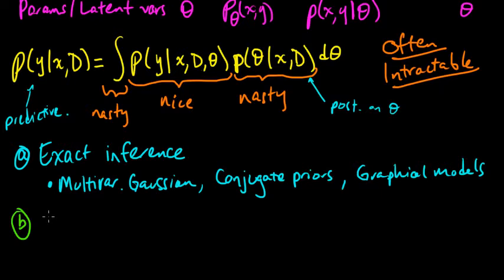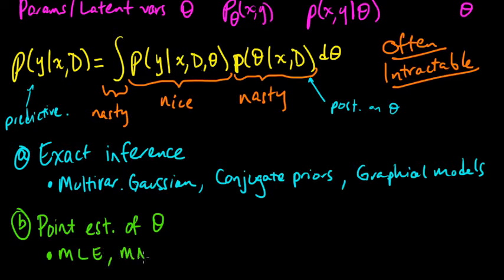The simplest other way that you might solve this problem is to use point estimates of theta. The typical point estimates that you would use would be, for example, the maximum likelihood estimate of theta or the maximum a posteriori estimate of theta.